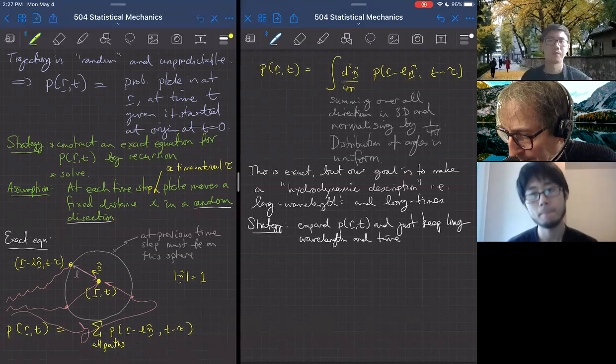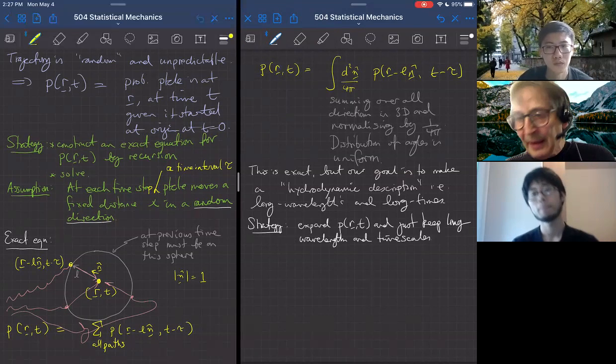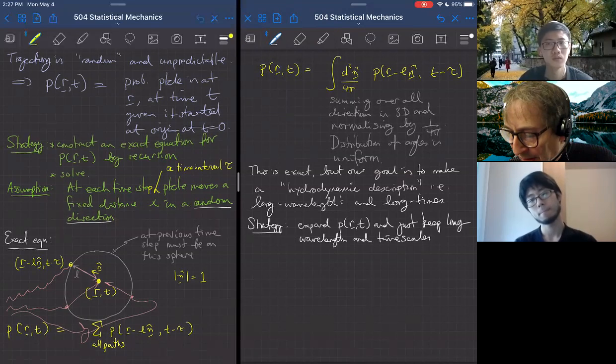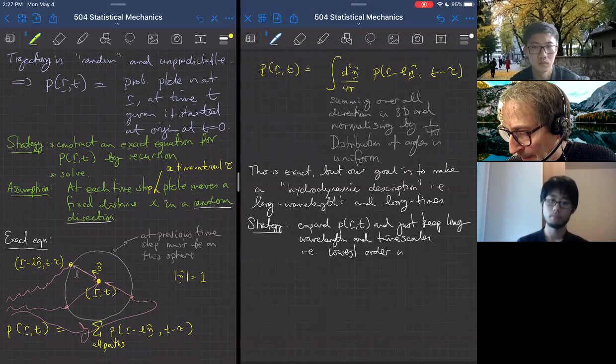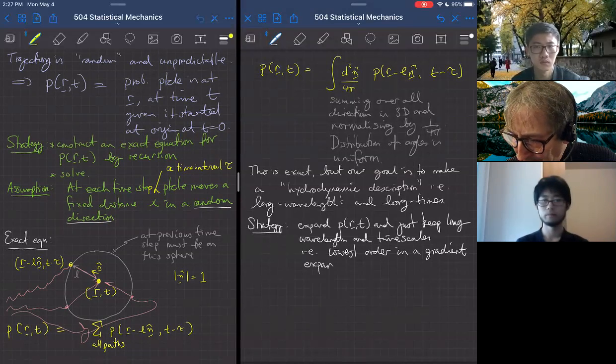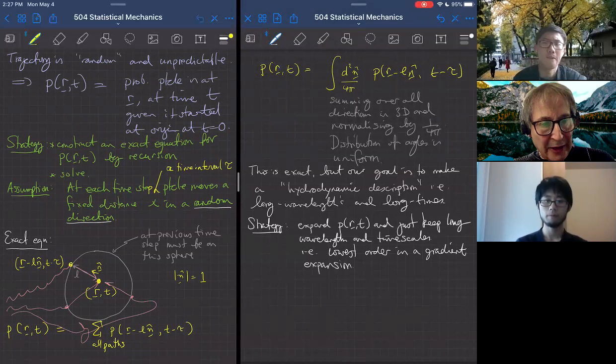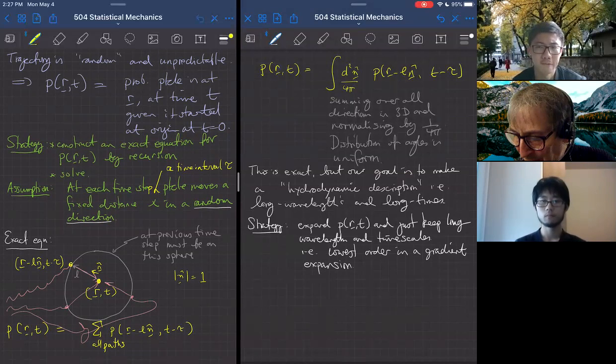And so that means the lowest order in a gradient expansion. So what I'm going to do is I'm going to write this equation down in the following way.